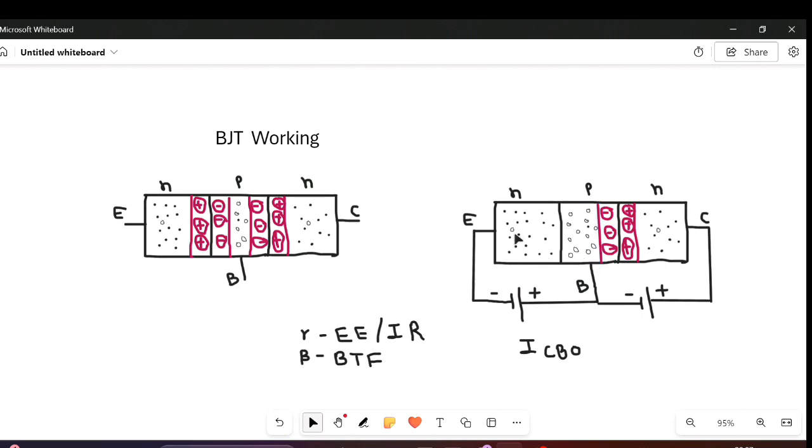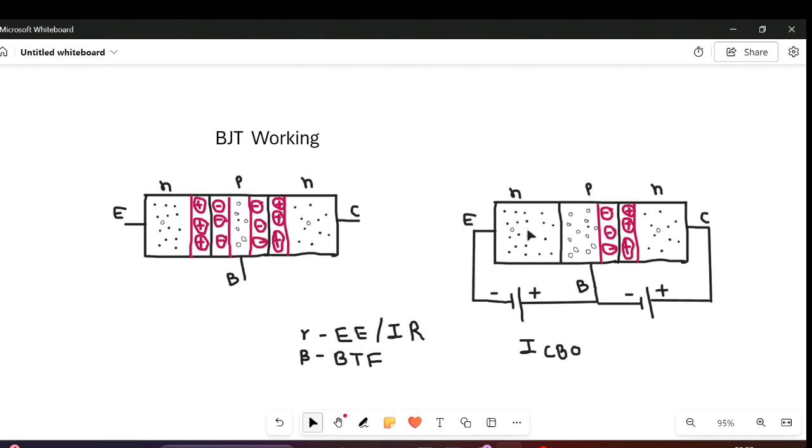And also there will be a current because of the minority carriers. In the emitter region, holes are minority carriers, and in the base region, electrons are minority carriers. The ratio of the electron current to the total emitter current is nothing but the emitter efficiency or injection ratio.